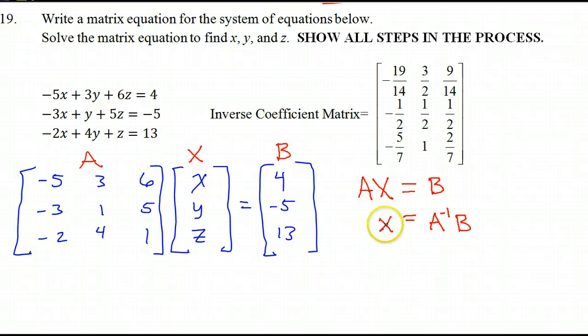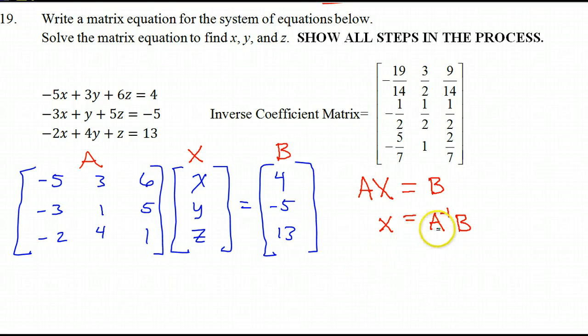But you don't get to skip it just because it's so easy. You can't just leave it out. This has to be there. So we need to go about the business of doing A inverse times B.